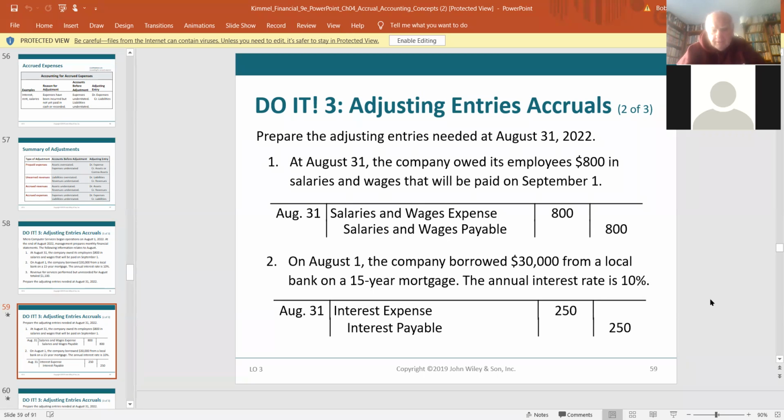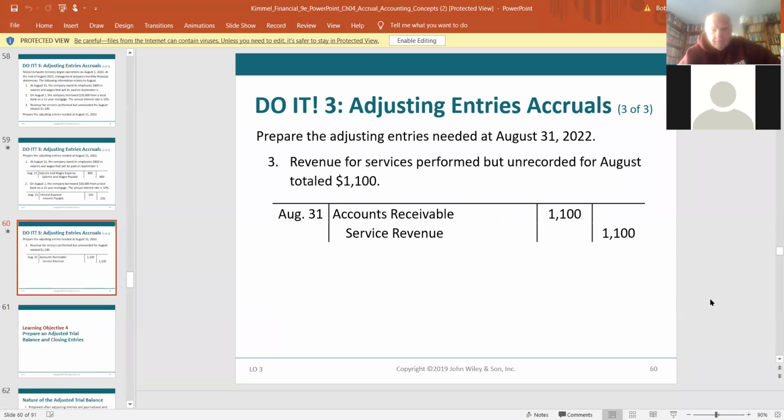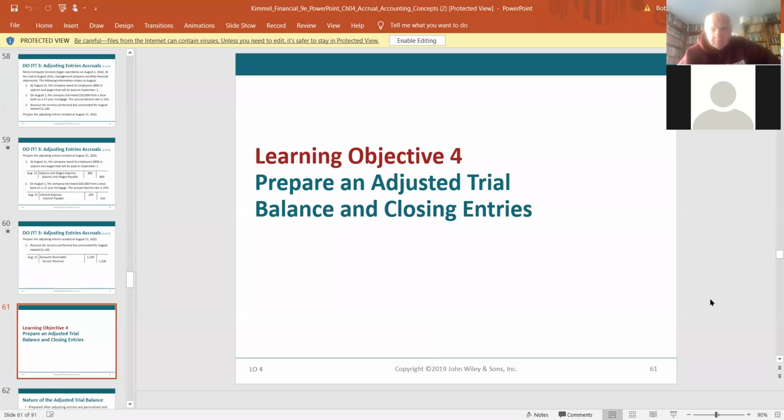We're saying Wendy worked $800 this week. We're not going to pay her for a while, but we record the expense and we record the payable. There is the interest of $250: 10% times 3,000 divided by 12. And revenue for services performed but unrecorded. That's not really an adjustment.